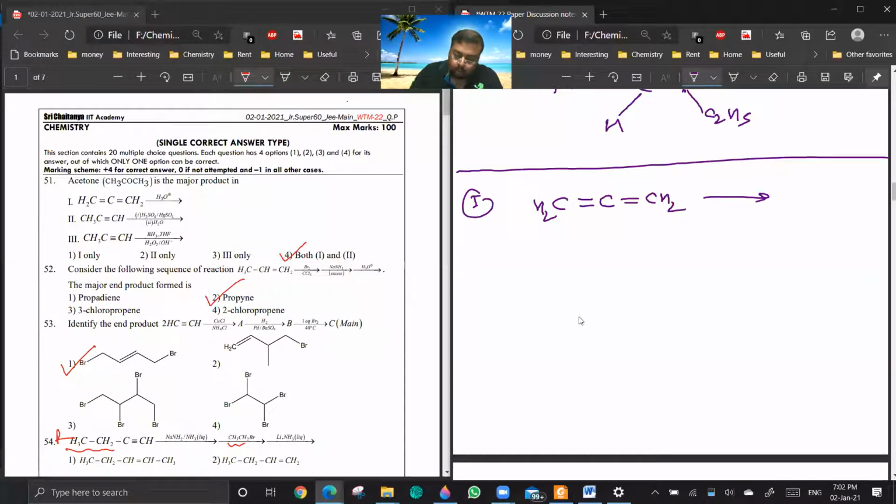So what is going to happen is that you have H plus. So the polarities will be something like this is delta plus and this is delta minus. So what is going to happen is that you'll be getting something like CH2 double bond C, CH3 plus. Now this is getting what you call as hyperconjugation stabilization.